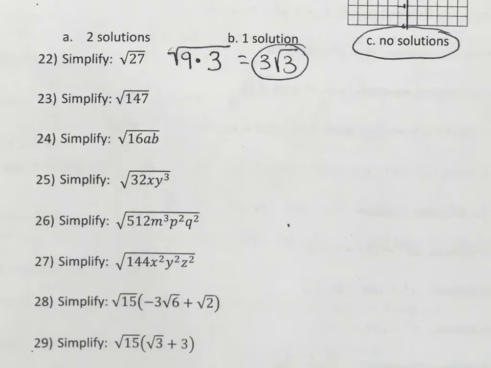Okay, you try 23. See what perfect square goes into 147.